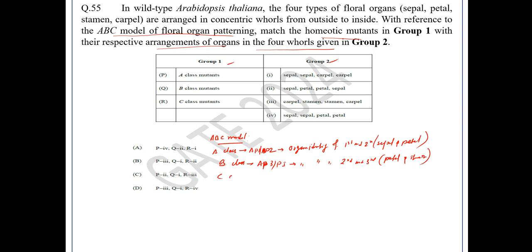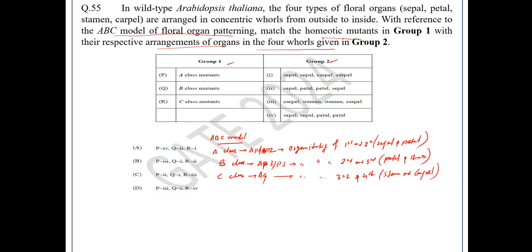And the C class of genes encodes AG, or Agamous, that specifies the organ identity of the third and fourth whorl, that is stamen and carpel.